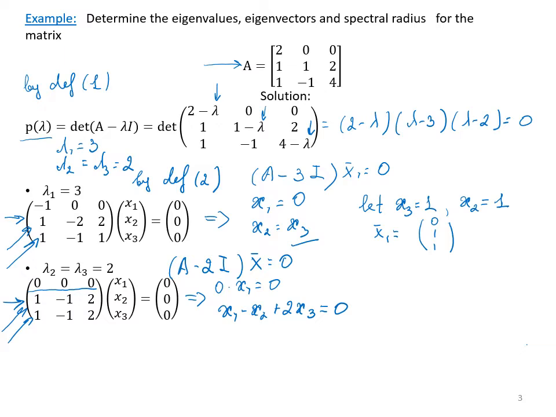Again, in this particular case, we have one basis variable and two arbitrary variables. First, assume that x2 is the basis variable, then x2 we can express as x1 plus 2x3. In this particular case, we have two arbitrary variables, and as a consequence, we have two eigenvectors.